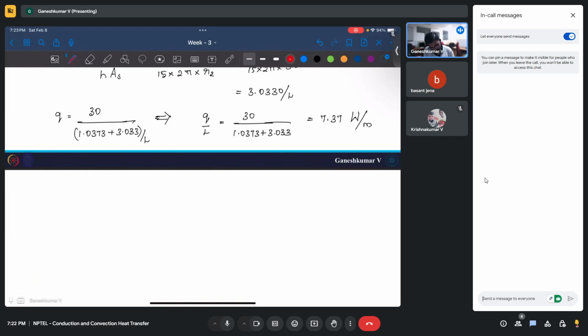So you can notice that they have asked for watt per meter, energy dissipated per unit length, and this is what we are getting.